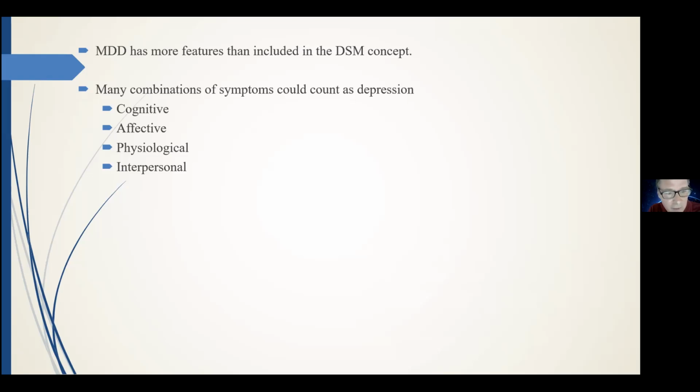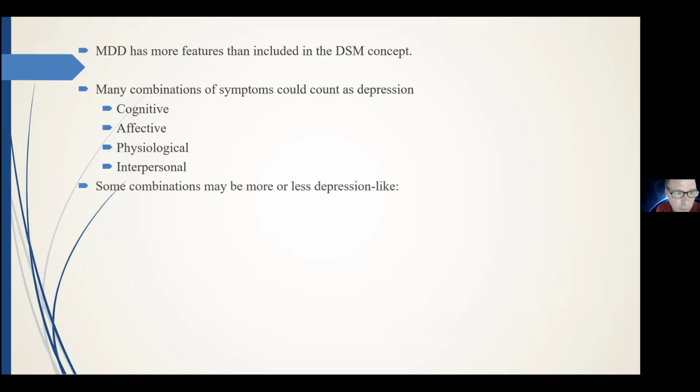In the affective cluster, you can have sadness, anhedonia, and irritability. In the physiological cluster, you can have fatigue, sleep disturbance, and headaches. And then the interpersonal cluster, which is not really necessarily part of the DSM definition, you can have withdrawal and sensitivity to rejection.